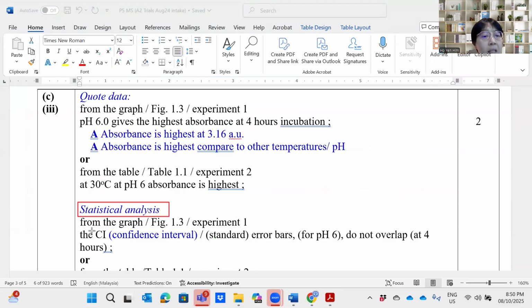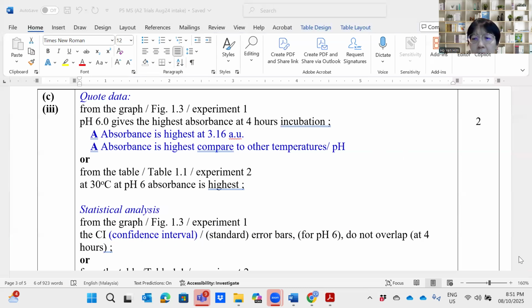The statistical analysis is based on the standard error. Okay, standard error. Oh, sorry, the error bar, plus minus 2 SE. Okay, it's based on confidence interval, which is actually the error bar.